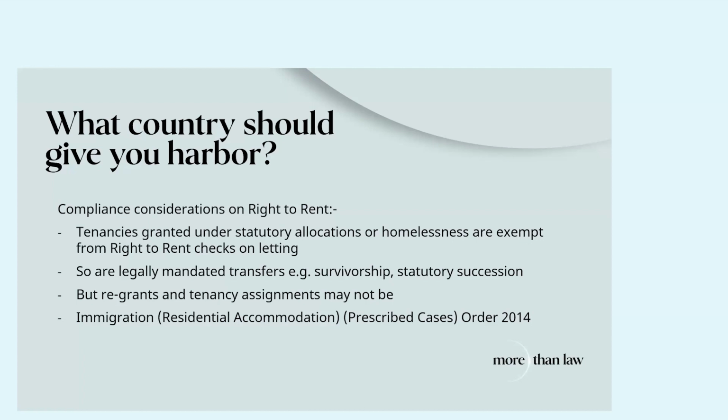You may be aware that tenancies which are granted under statutory allocation, so through a choice-based letting scheme, or through homelessness provision, where the local authority makes a nomination under homelessness laws, are exempt from carrying out your right to rent checks when you initially rent them out, because the local authority should be responsible for making sure that any eligibility criteria are met in accordance with the statute.